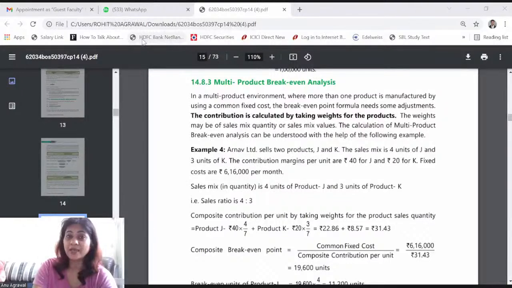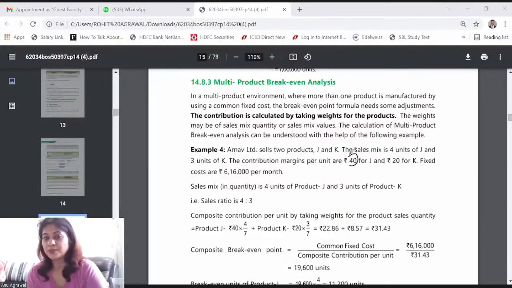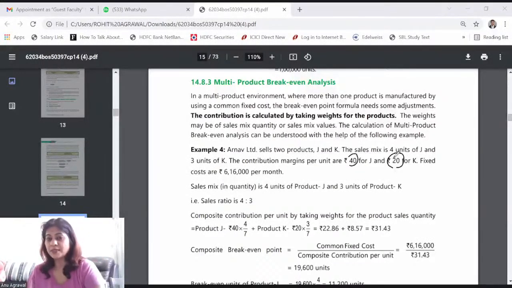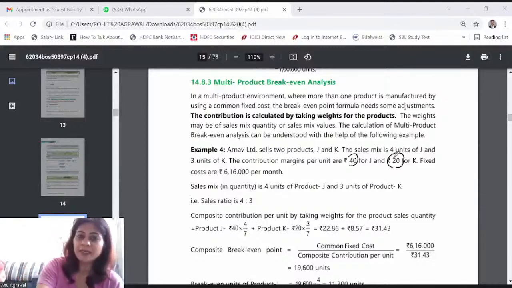Now guys, if I have to find out a break-even point, what do I divide it with? Should I divide it by 40? It will be wrong because it's not only J. Can I divide it by 20? No, because it's not only K. Now, both of them are coming in a ratio of 4:3, yes or no?